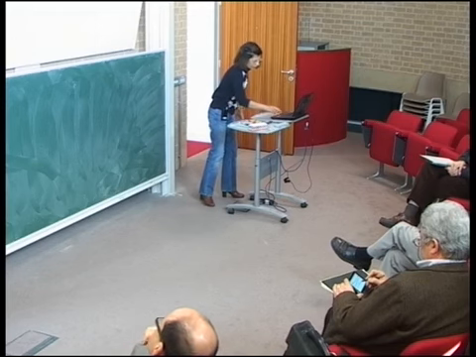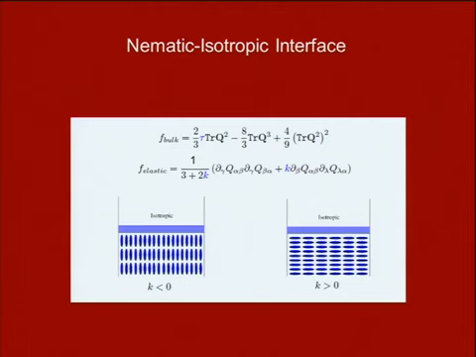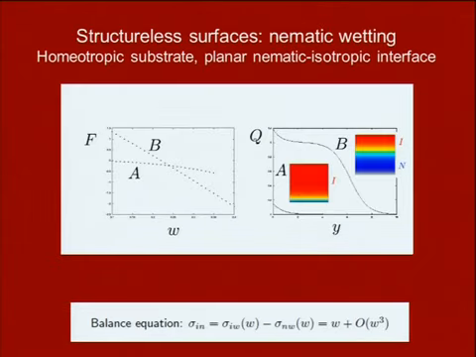Okay, so I already told you that with this theory, the nematic isotropic interface has some value, and it actually prefers, this is the case, the molecules lie flat. You can do the wetting problem in this context, so you can put a surface.